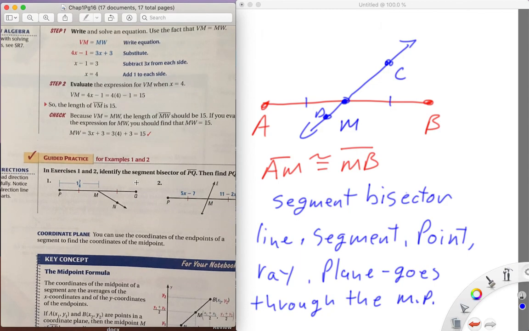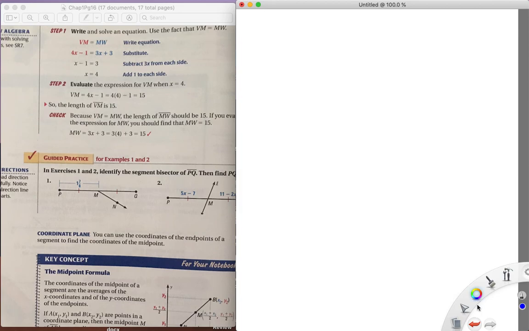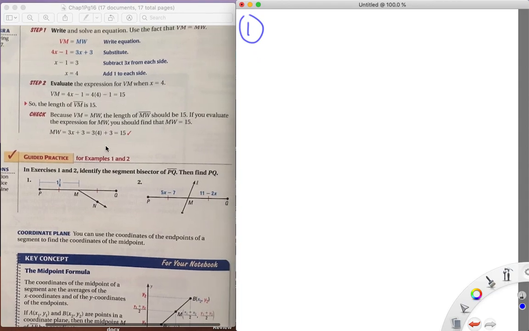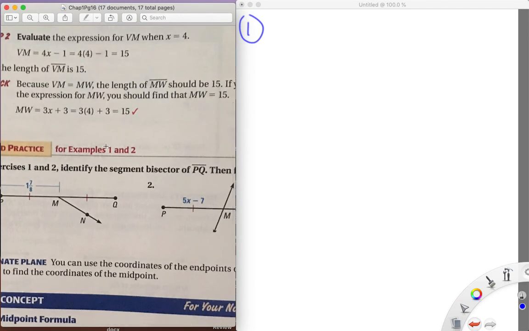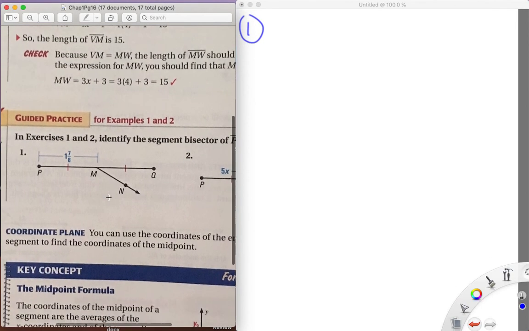Example 1. They want us to identify the segment bisector of PQ, then find PQ. I'm going to enlarge this over here to the left. For number 1, I have segment PQ being bisected by MN, and that's a ray.